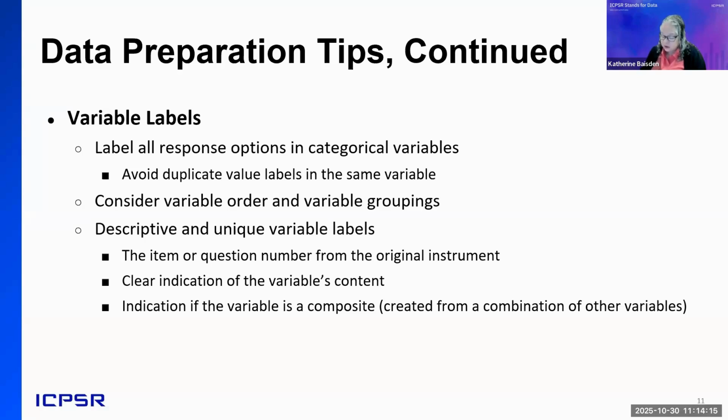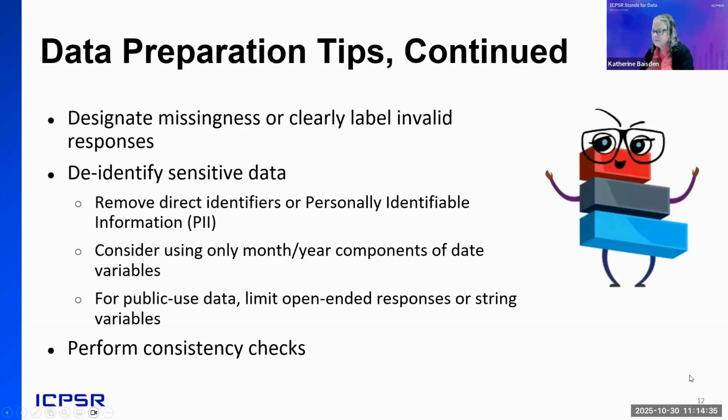Additionally, when including composite variables, be sure you clearly indicate this not only in the variable label, but also in your documentation. Explain how each composite variable was constructed to ensure transparency and usability for future users. Next slide.